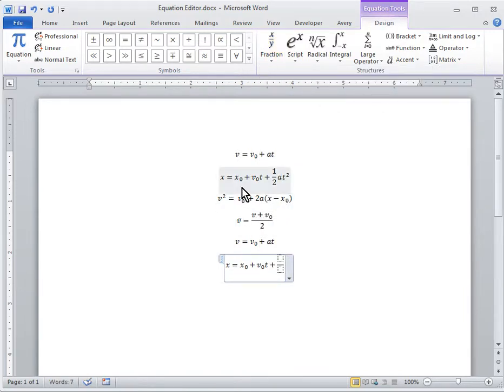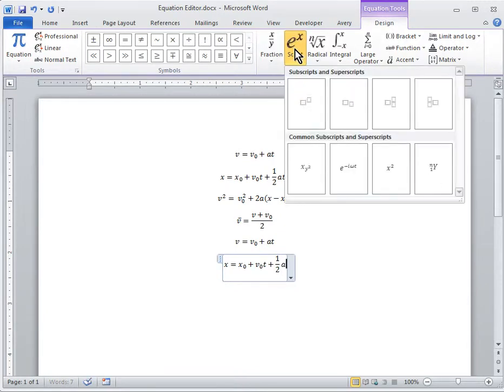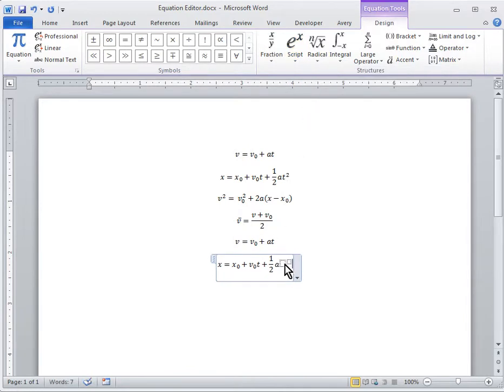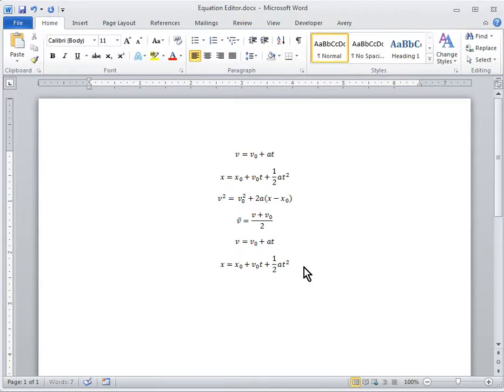And what we needed was, for this equation, a 1/2. So you put 1 here, 2 there, and click just outside of that so we can move on. A. Now we need a t squared, so that'll be something with a superscript. T squared. And we're all done. And we can move on to our next equation.